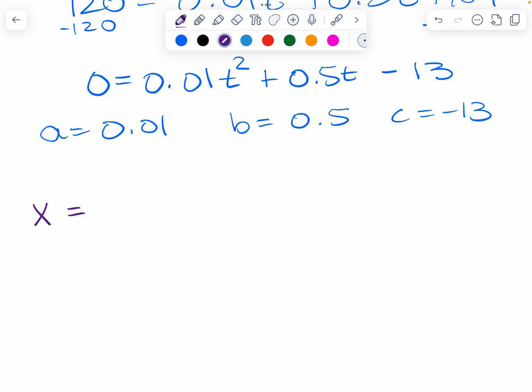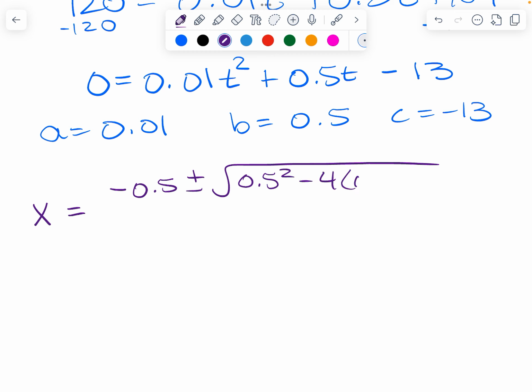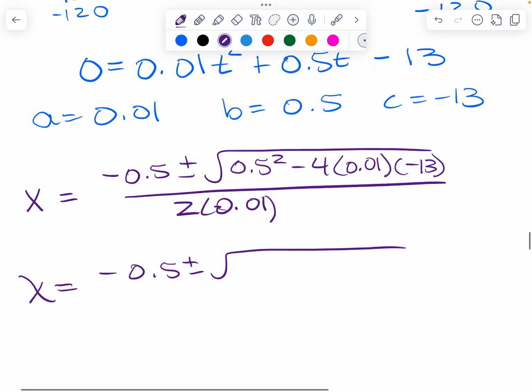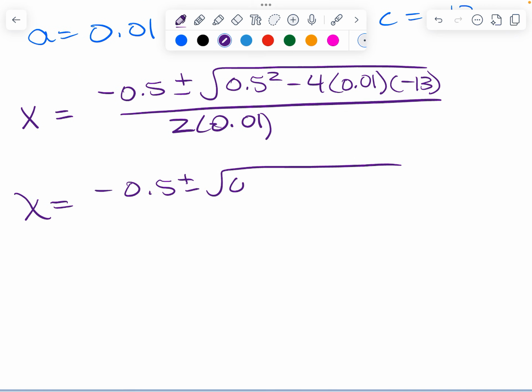X equals negative B plus or minus the square root of B squared minus 4AC, all over 2A. Okay, so X equals negative 0.5 plus or minus the square root of 0.25.